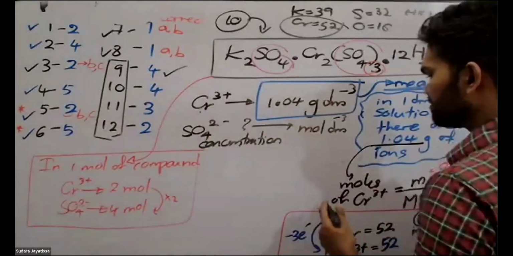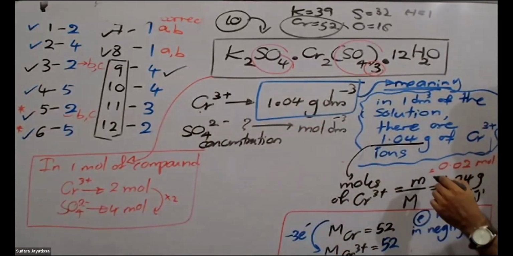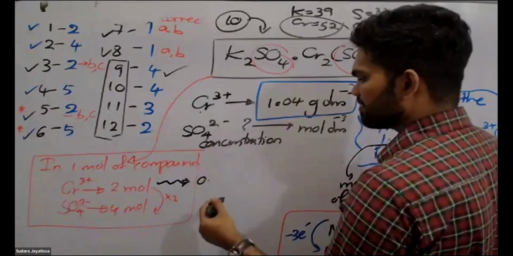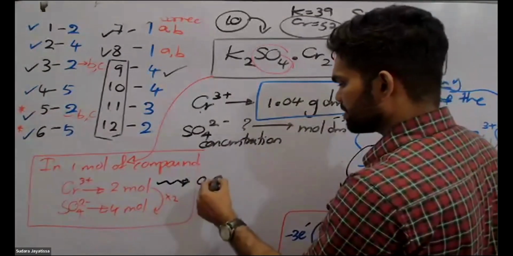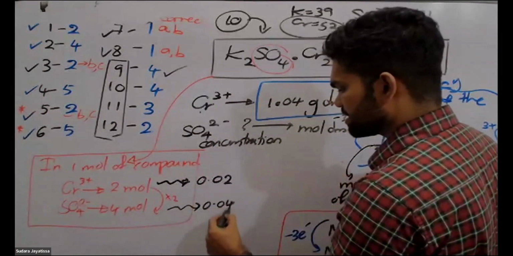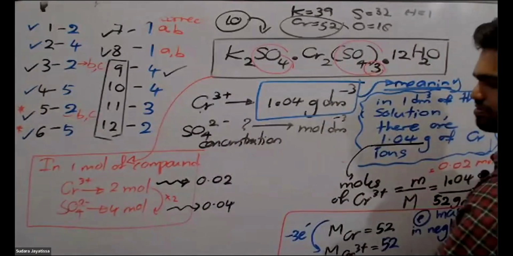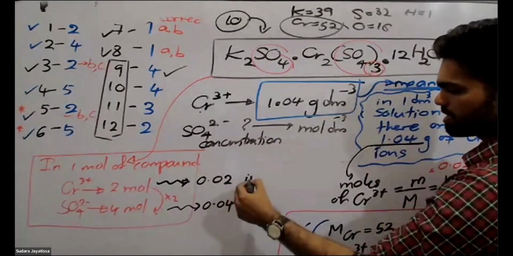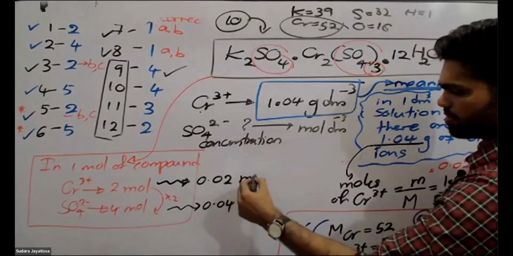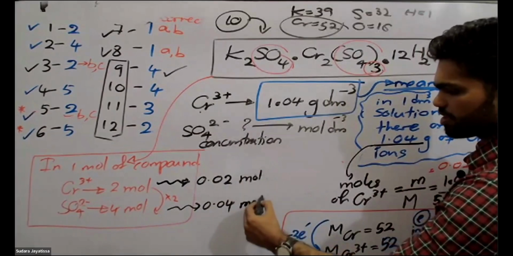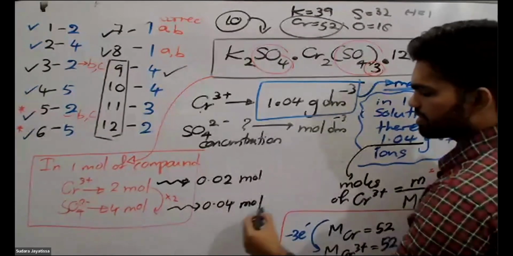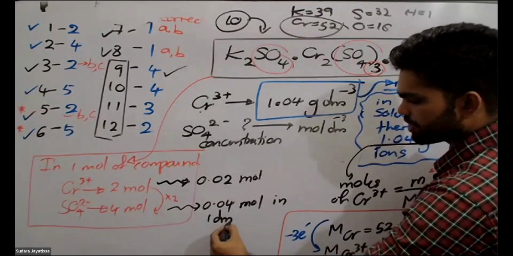So if chromium is 0.02, then what should be the sulfate value? It should be 0.04 moles, in 1 decimeter cube, isn't it?